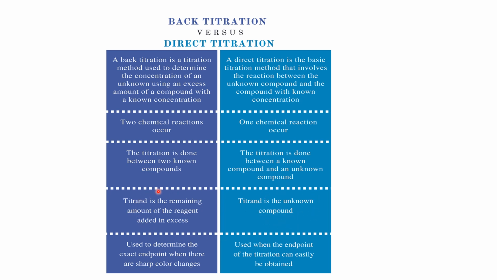Here the titrand is the remaining amount of the reagent which is added in excess. Direct titration is used when the endpoint can be easily obtained. You just take known and unknown, titrate them, get the answer. Back titration you do when you do not get a sharp endpoint, and that's why you have to do an indirect method. So I hope now you have understood the difference between back titration and direct titration.